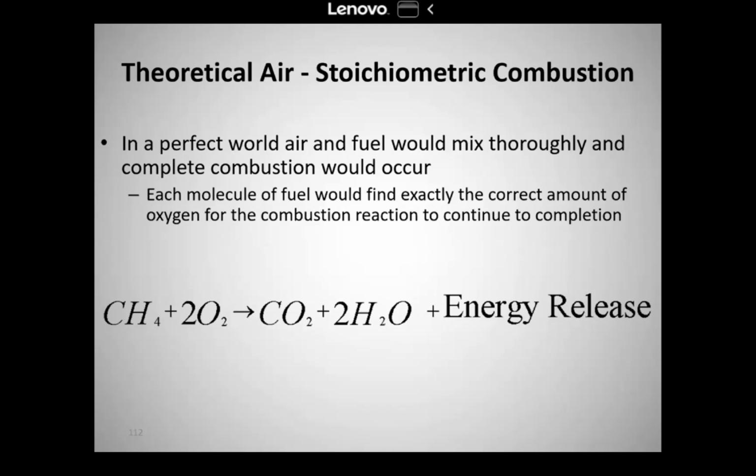So for stoichiometric combustion, the amount of air that we provide is called theoretical air, and that's because we get perfect mixing. One molecule, just the right amount of oxygen, same thing all over the entire combustion zone. It's perfect.